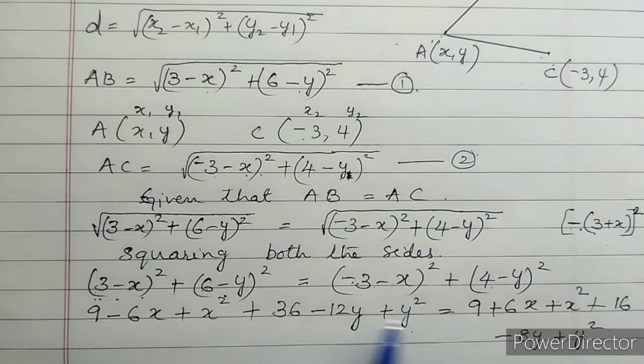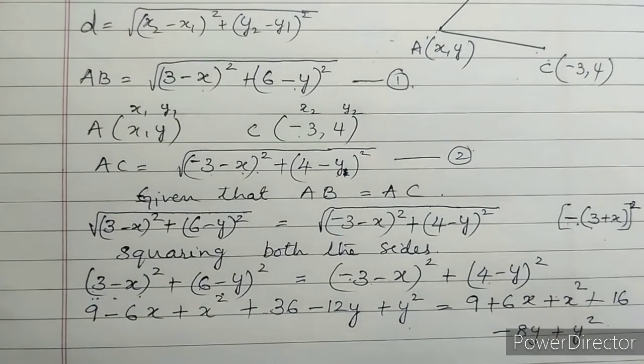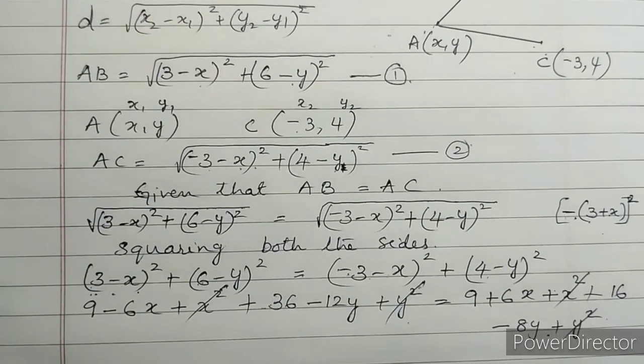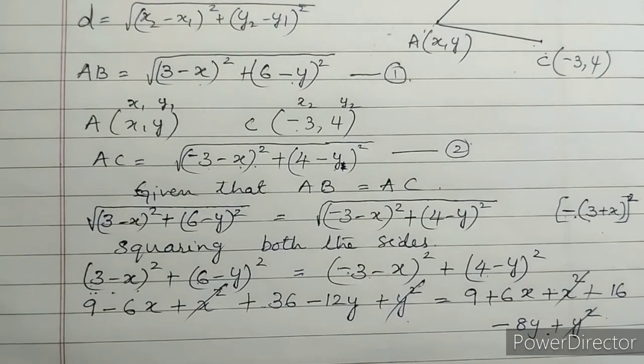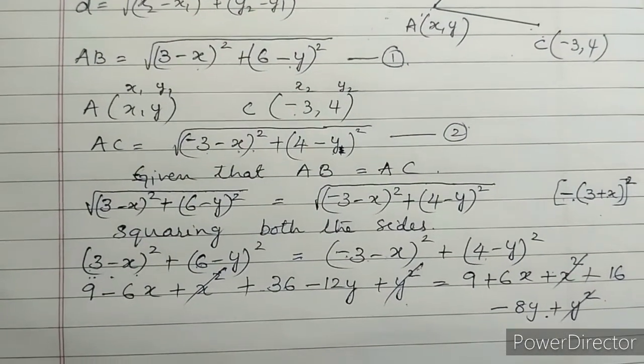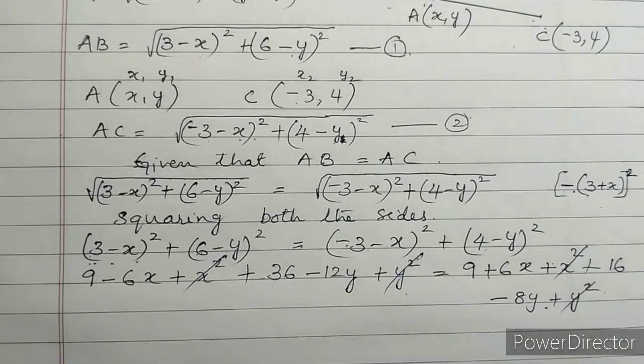Now whichever similar sign and same numbers you can cancel it off. Y square you can cancel. X square both are positive, you can cancel. Then only the number part and y and x terms. So numbers together and x, y terms together, you have to bring it.